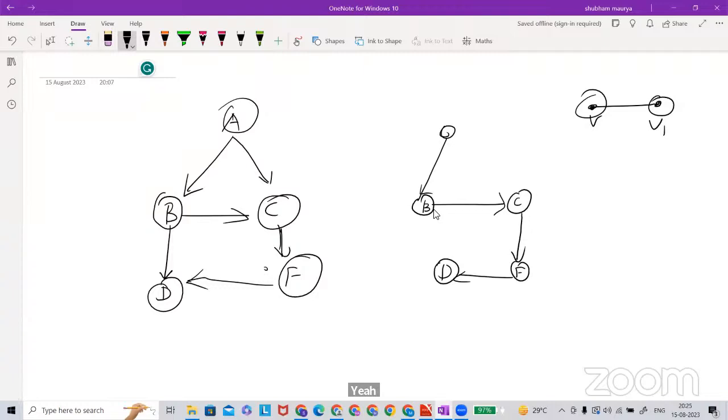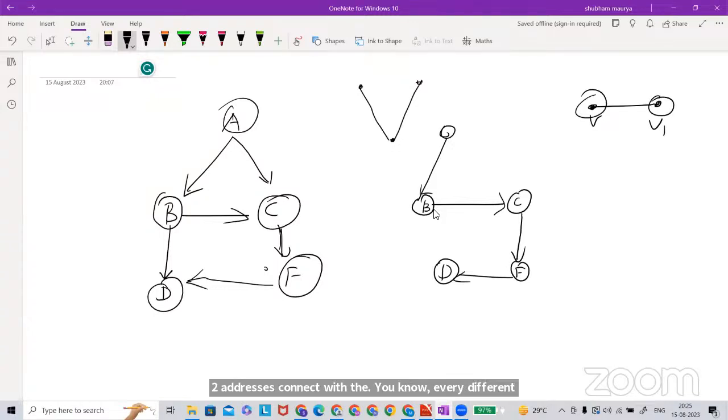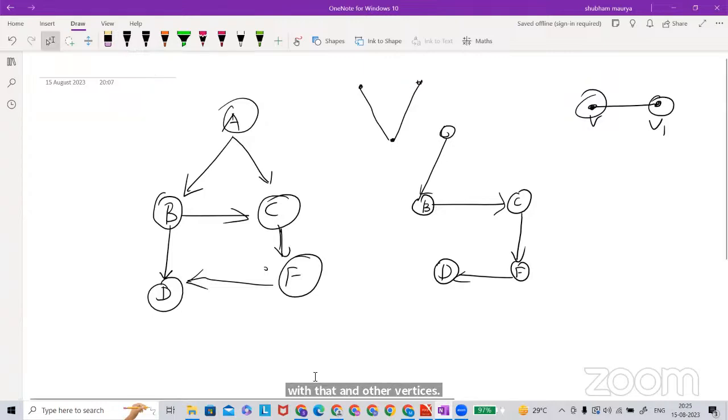If two vertices have n minus 1 degree, then those two vertices connect with every other vertex, so every other vertex has degree at least 2, which means it will never be 1.